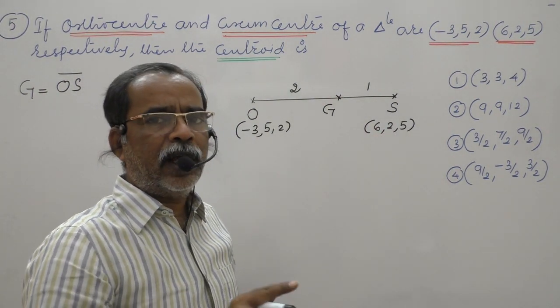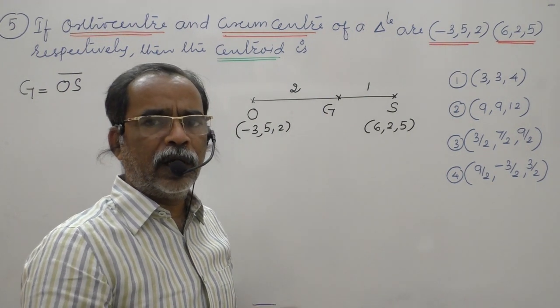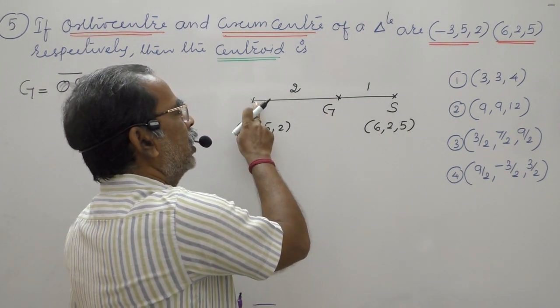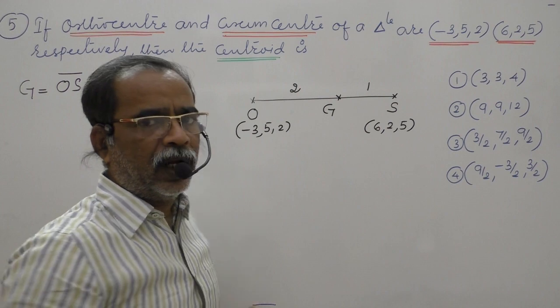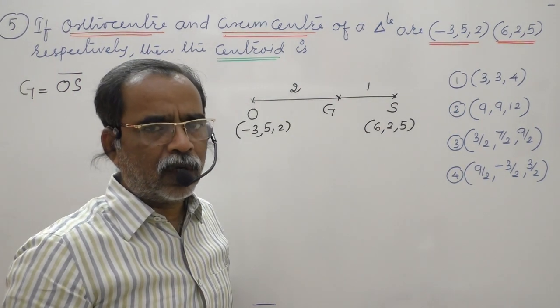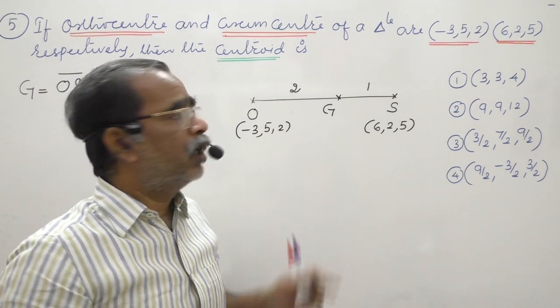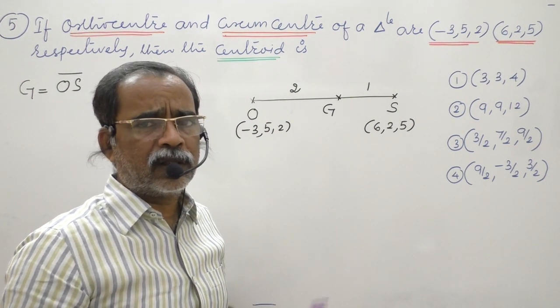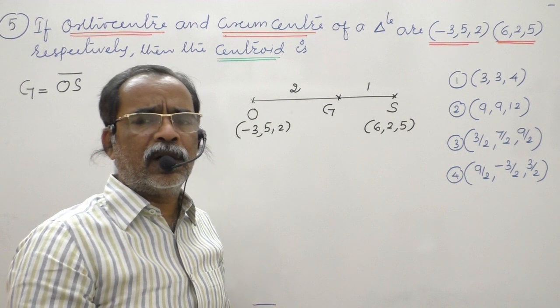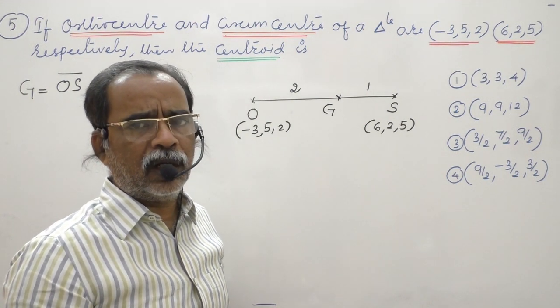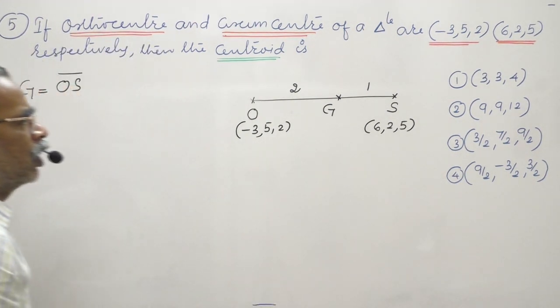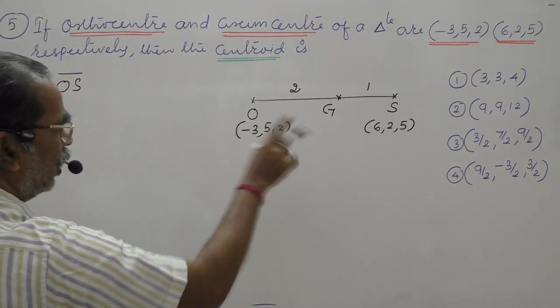If we say the line segment is OA, that means you are considering from this to this. If you calculate the distance OS, then no problem. OS distance or SO distance, both are equal.